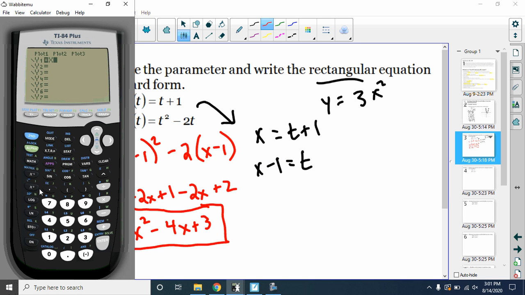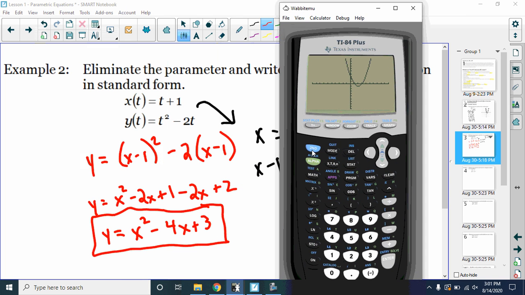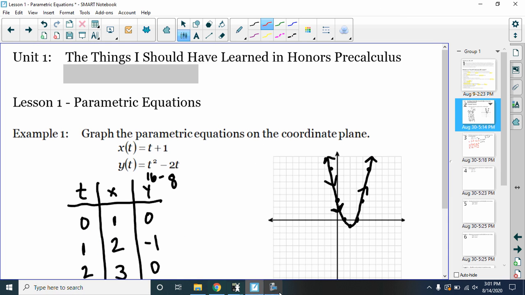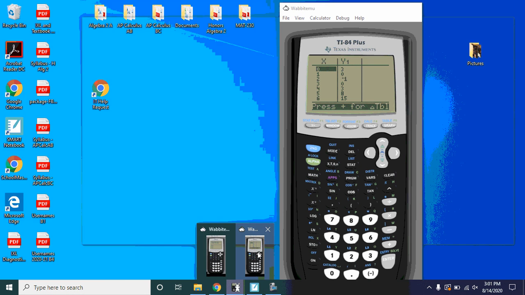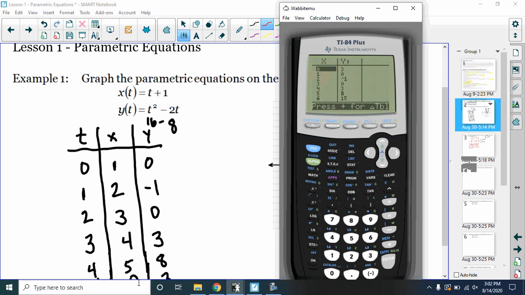Try it again. y equals x squared minus 4x plus 3. Looking at the graph, we get a parabola that opens up. It looks like it's about the same points. We could look at the table and verify those are the same points that we were getting when we graphed it by hand. 0, 3. 0, 3 is on there. 1, 0, 2, negative 1, 3, 0, 4, 3, 5, 8, and so on.